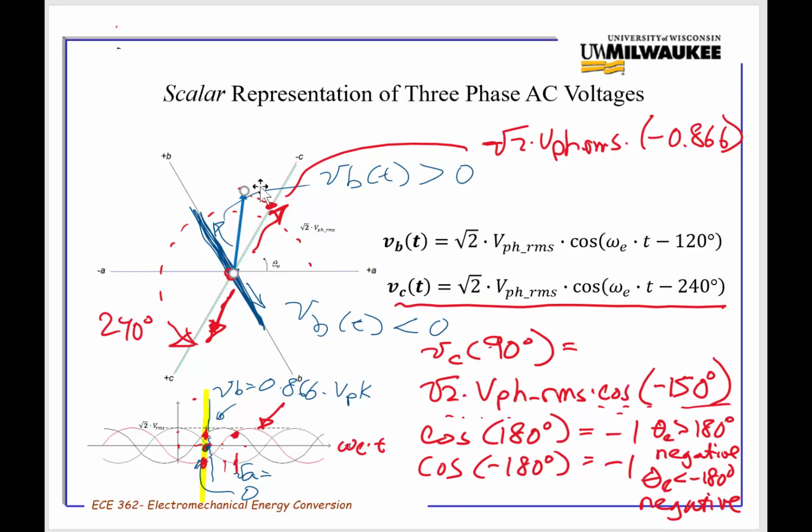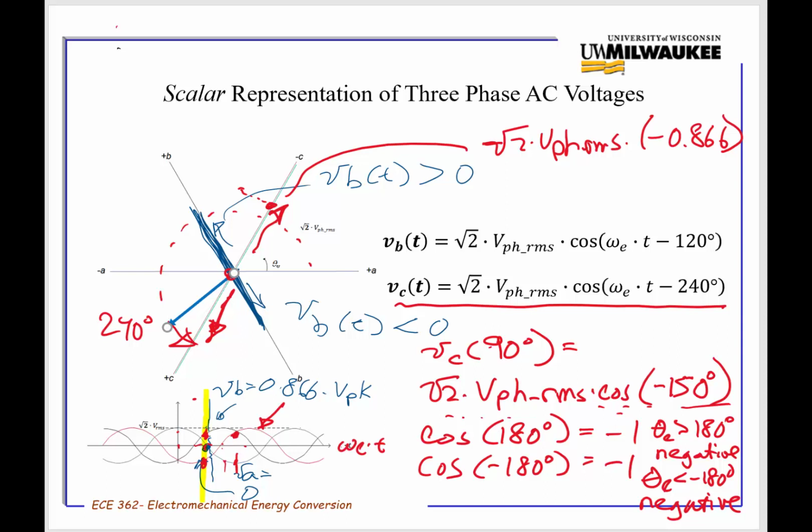As far as the B phase goes, coming up here at 90 degrees, it's going to hit its positive peak and then start going downwards towards 0, which would be right about there. That would be the point at which we're lining up with the 0 point on the B axis.